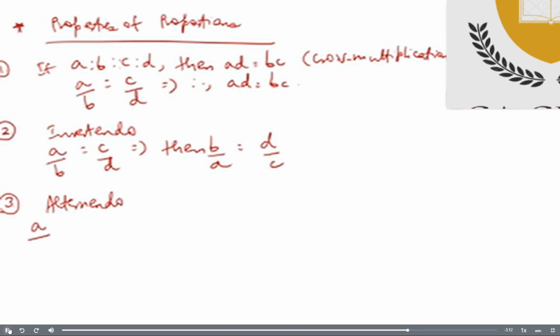If A by B is equal to C by D, then A by C is equal to B by D. The next one is componendo.